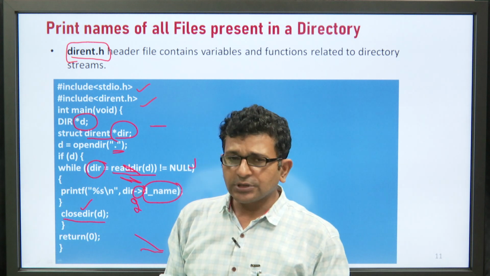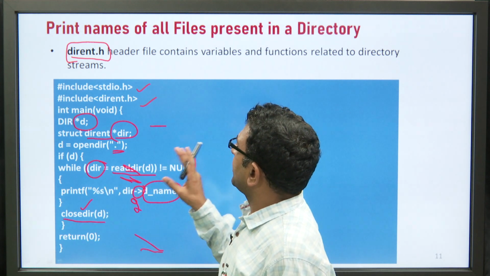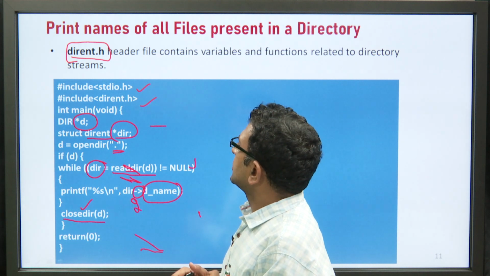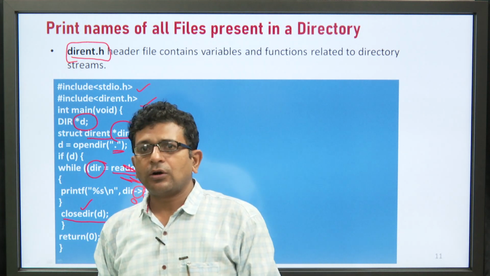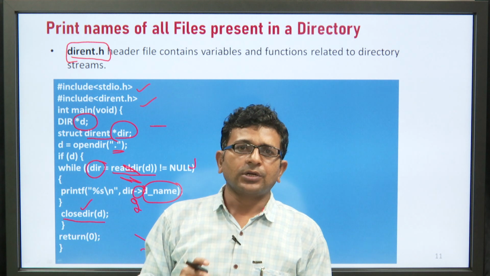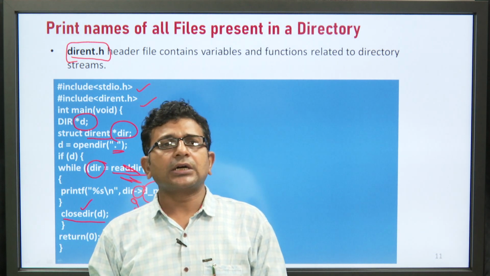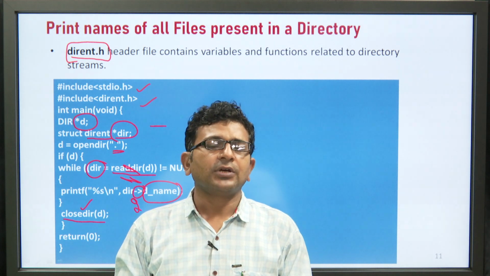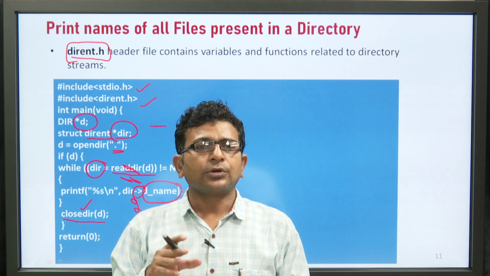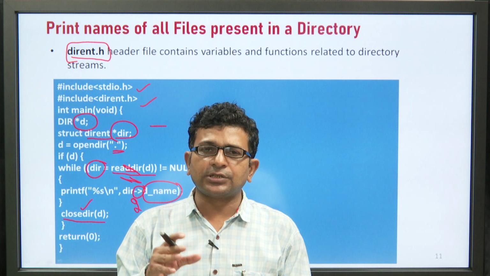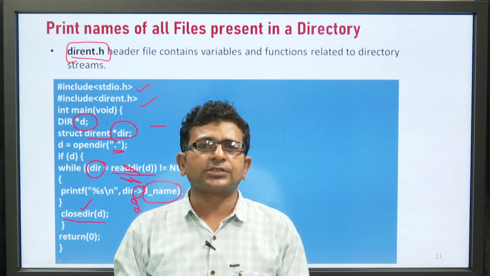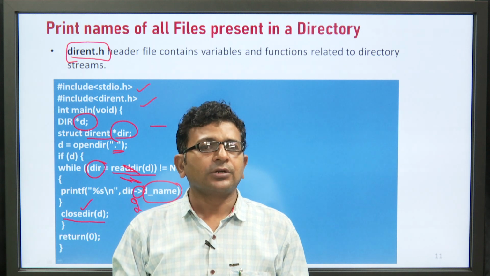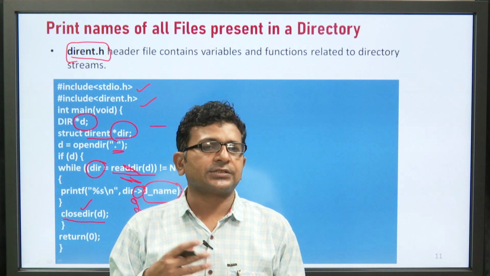So this is all about printing the names of all the files present in a directory. Just see, what we have discussed till now in this lecture is the different types of file handling operations that we can perform in C programming, in order to read the content from an existing file residing in the local system, and to write something in a new file or an already existing file.